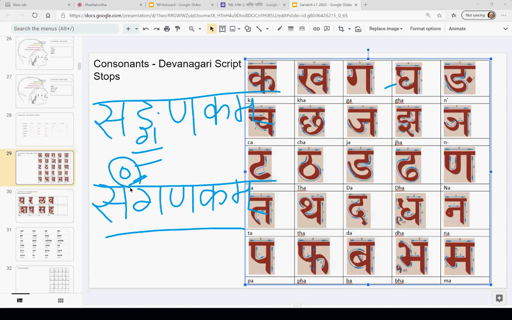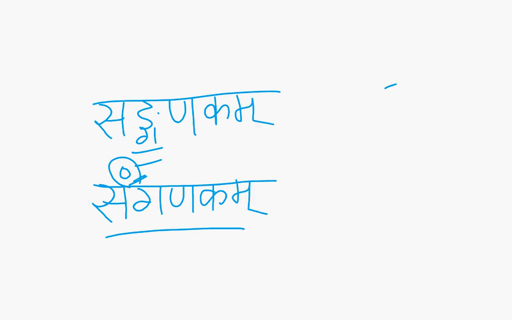But now, by definition, what is its position? Open lips. Oshtya, the labial, closed lips.